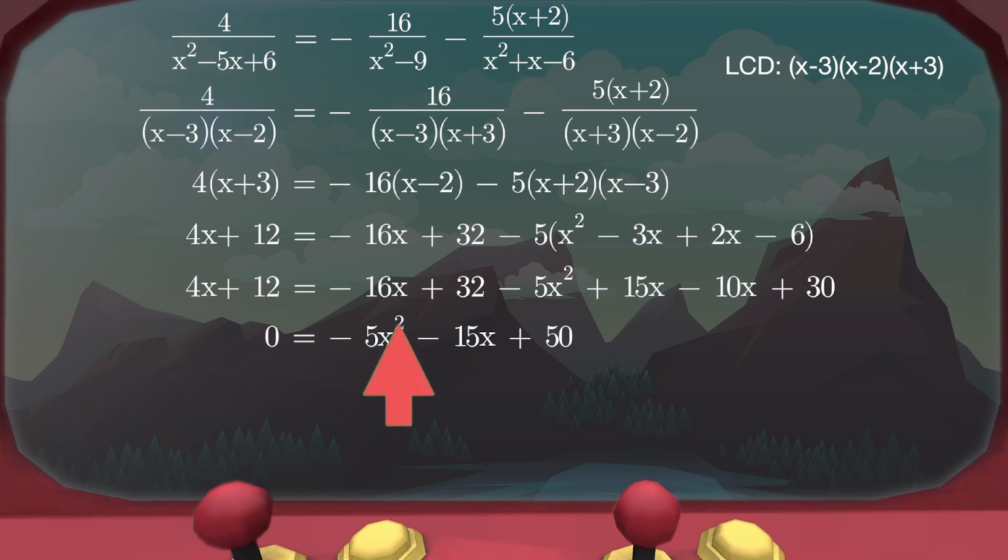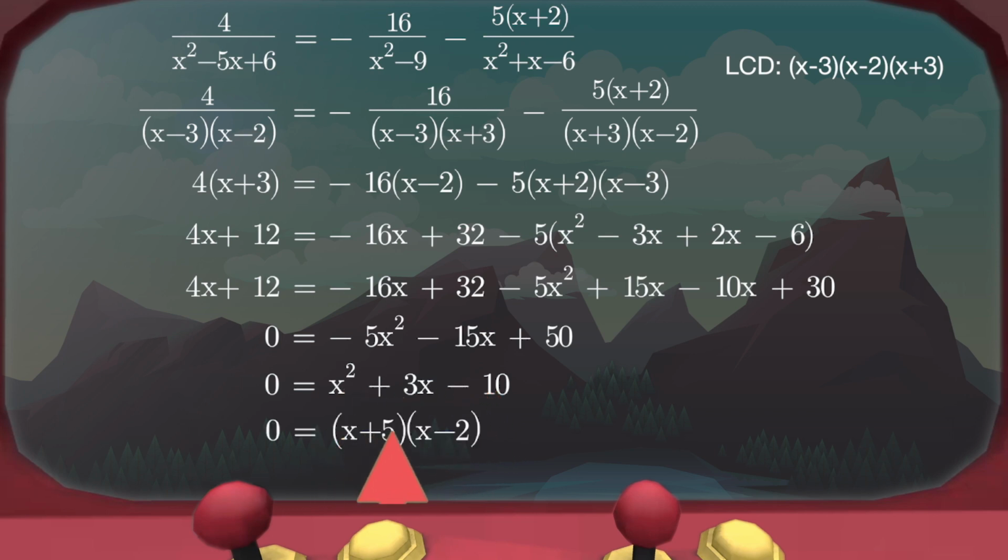So minus 5x squared divided by minus 5 is x squared. Minus 15x divided by minus 5 gives us plus 3x. And plus 50 divided by minus 5 is a minus 10. This is way easier to factorize. So we factorize this trinomial, and I end up with x plus 5 in brackets and x minus 2.